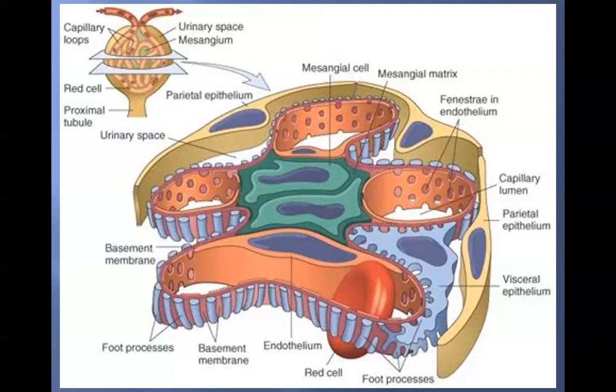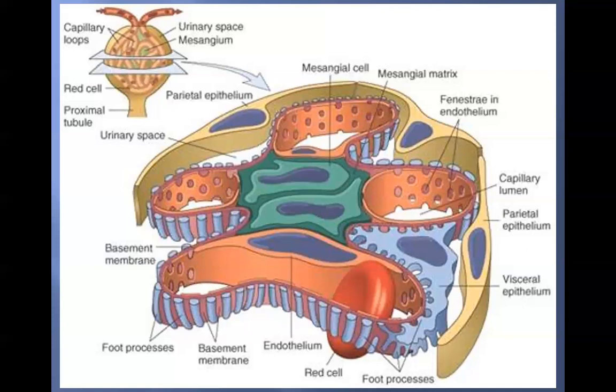Now this is the endothelial cell with fenestration. This is the epithelial cell with foot processes. Visceral epithelium, not parietal. This yellow color is the parietal. Don't confuse that.